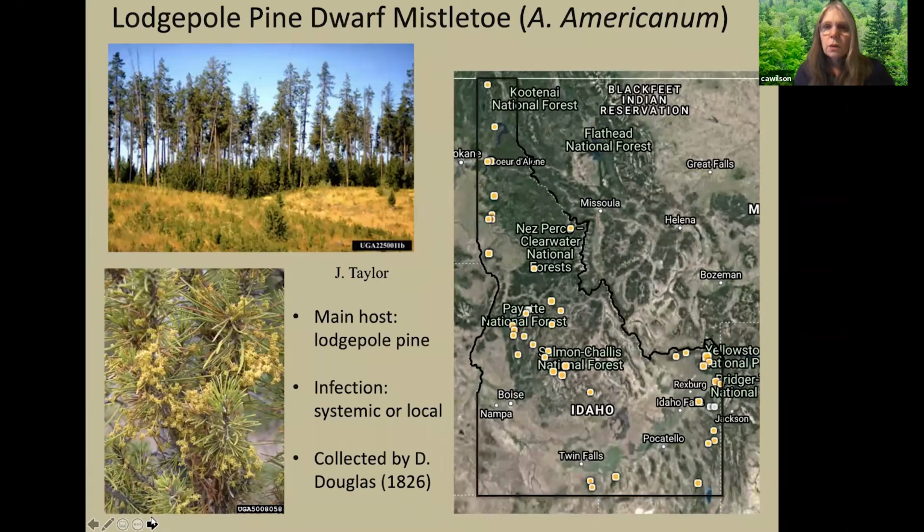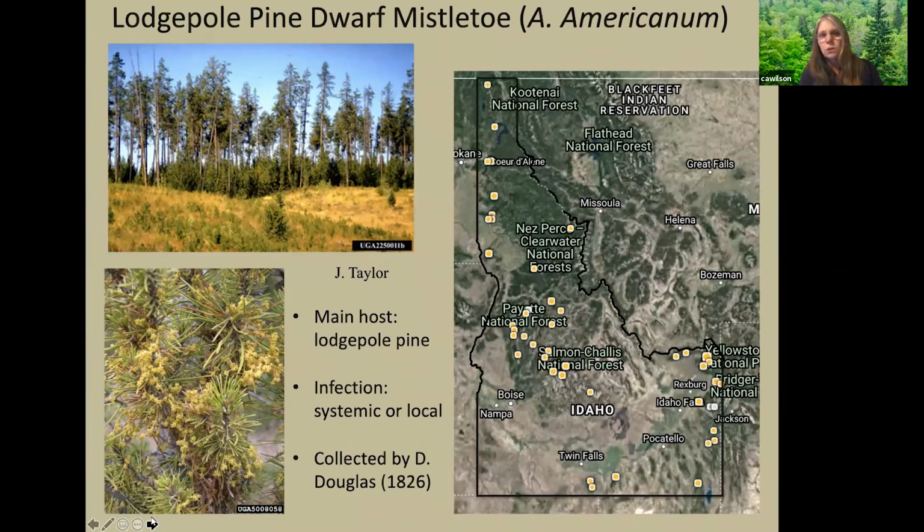And this is the first species. I just happen to have them in alphabetical order. And the dwarf mistletoes, most of them, or a lot of them, are really named after their main host.